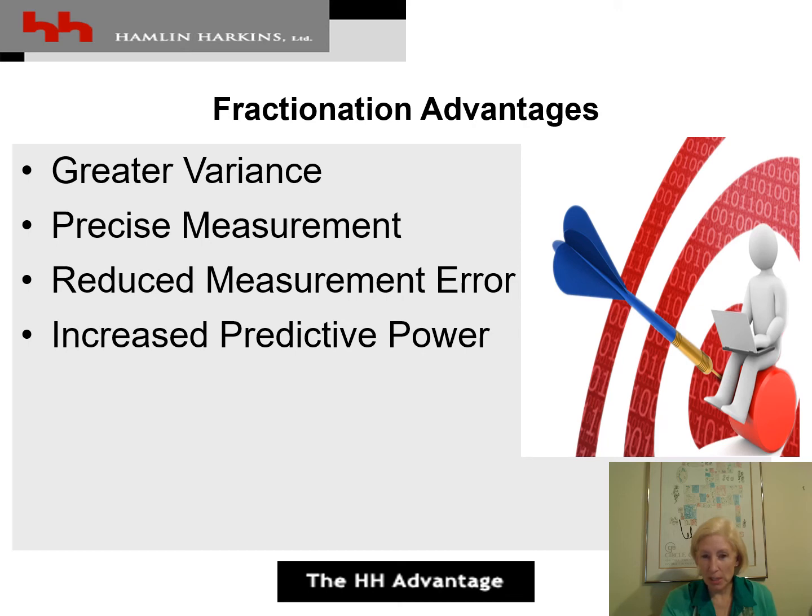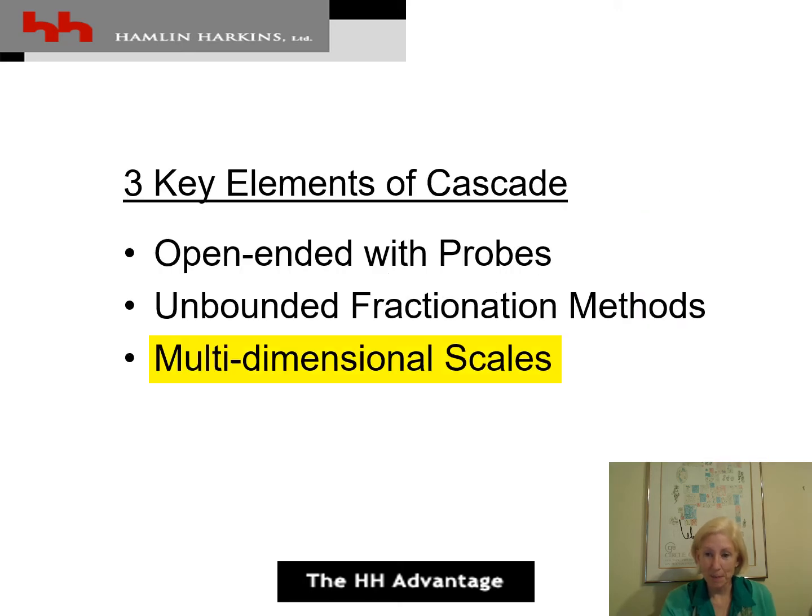The precision is higher. There is no measurement error in it because it's an unbounded scale, whereas the other scales have 20% or less or more refinement problems just on measurement error alone. And it allows you to predict the decisions that people are going to make with a high success rate.